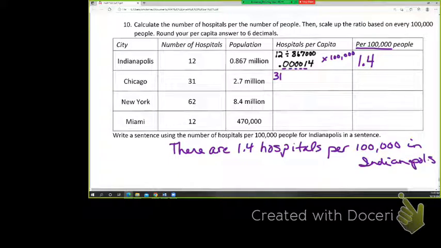So here I would do 31 divided by 2.7 million. There's 1 place, 2, 3, 4, 5, 6. So 5 more zeros. That's what I would be working with. Or you could do scientific notation and then write it as a decimal. So same as above, but it's 11 instead of 45.